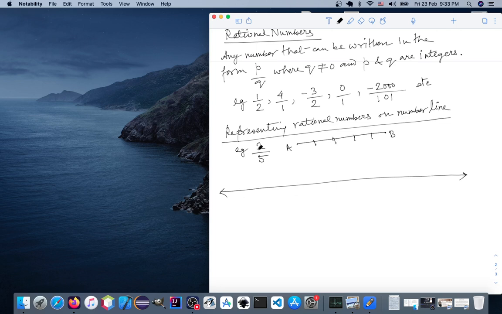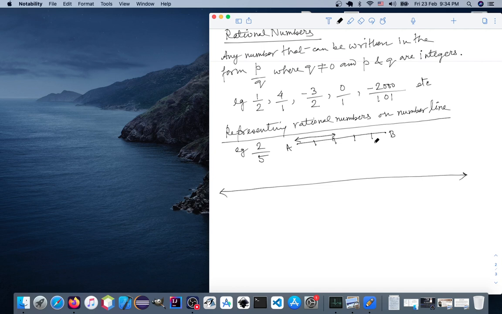Then 2 such parts, because 2 is in the numerator, this distance is actually 2 by 5. So this is 2 by 5.